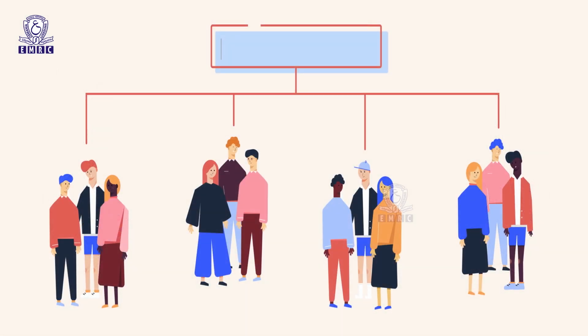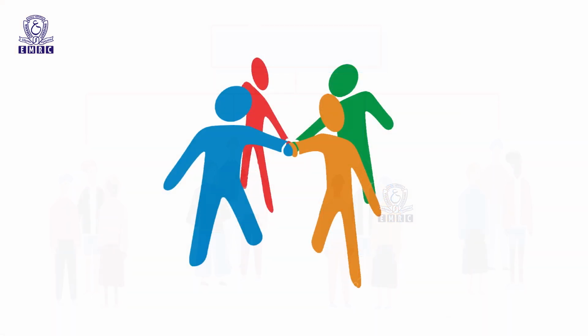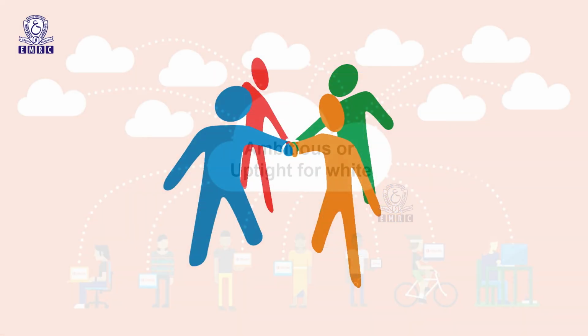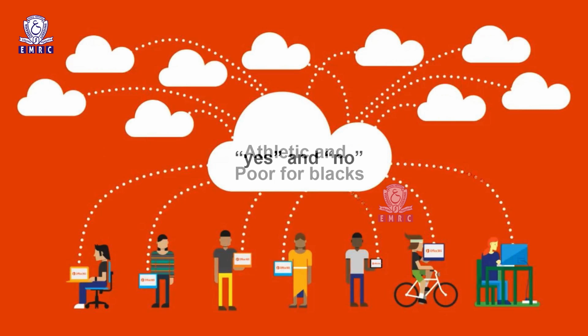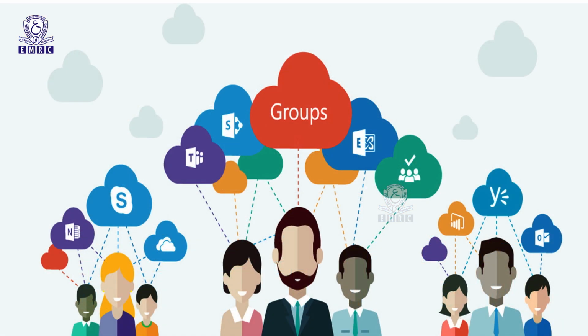The participants were shown photographs of white and blacks with respective stereotyped words like ambitious or uptight for white and athletic and poor for blacks, and were asked to respond by saying yes and no. It was found that stereotypes can be reduced through negation training.